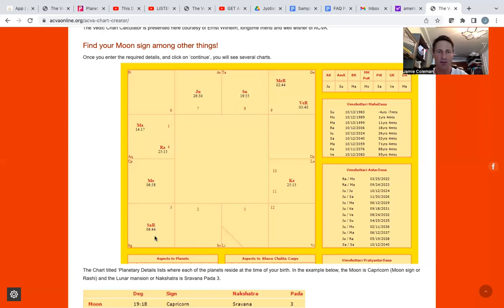The planet of Saturn, for instance, tends to be considered a malefic, meaning it can be a very challenging planet to a certain extent, where Jupiter is very expansive. It tends to expand the areas it's connected with. Saturn tends to contract the areas it's connected with. It tends to limit or to obstruct or to block. It's not a negative thing.